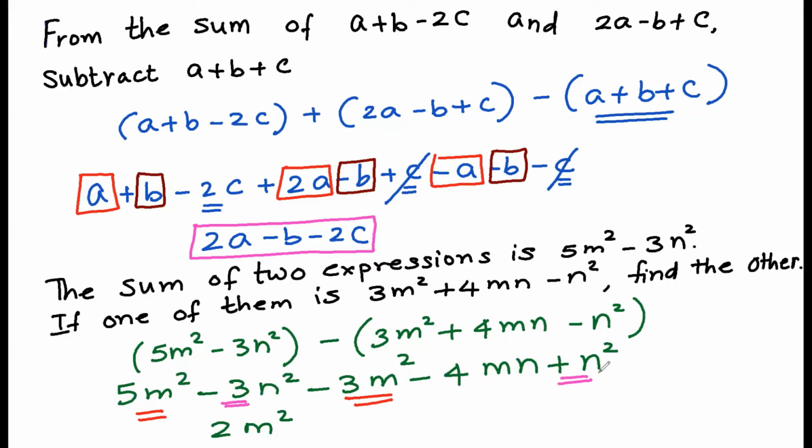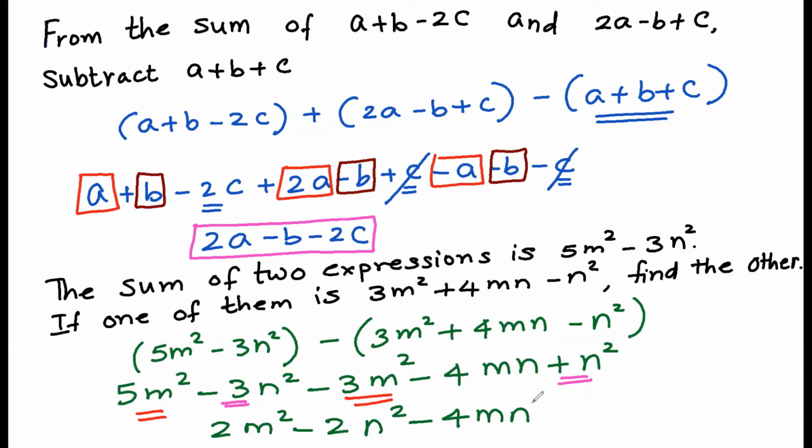Negative 3n squared plus n squared is going to be negative 2n squared. And of course, I only have one mn term, so I'm going to leave that term as it is. So it's going to be minus 4mn. So this is my second polynomial.